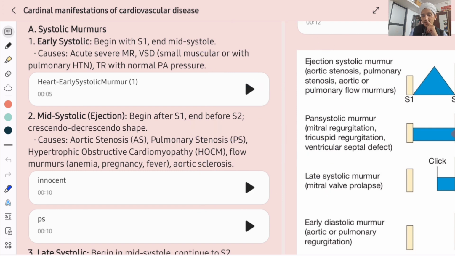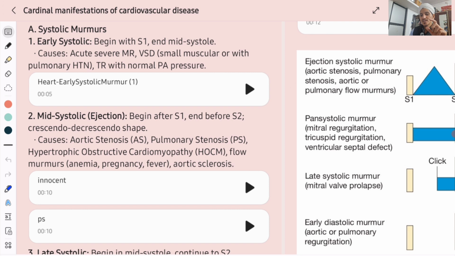So what are the causes? Causes can be benign or pathologic. Ejection systolic murmur can be benign and it can be pathologic. A benign ejection systolic murmur you can hear in children and young adults, especially in children.